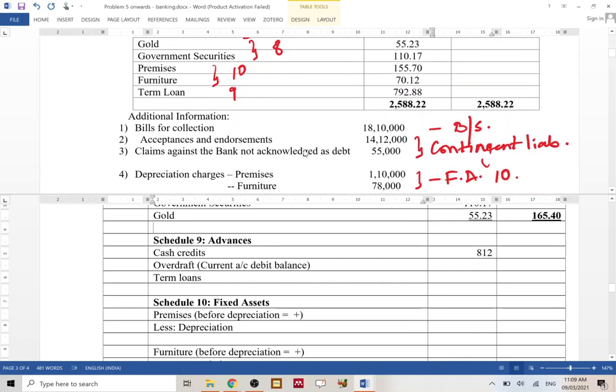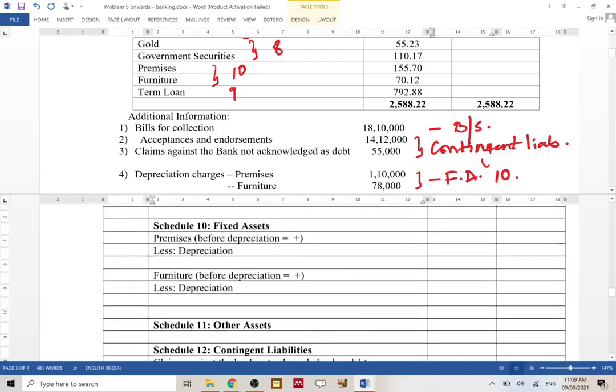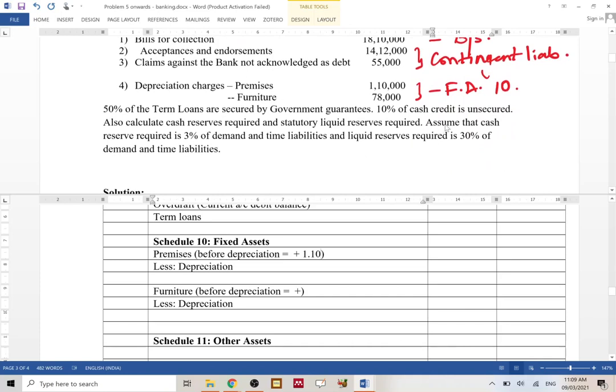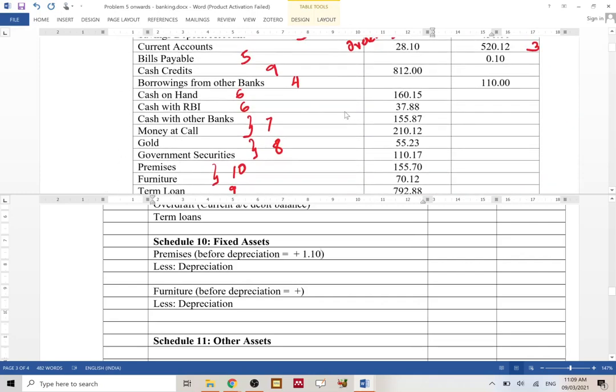Done. So we'll transfer these. In case of premises, we'll write the depreciation amount, that is 1.10 lakhs, since premises depreciation is 1,10,000. And this is the depreciation.